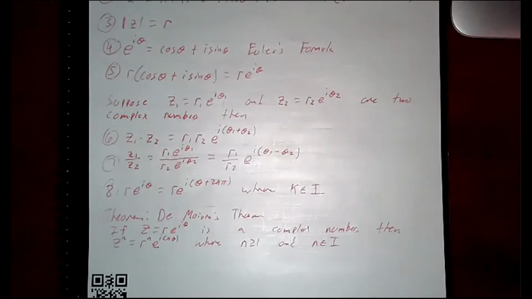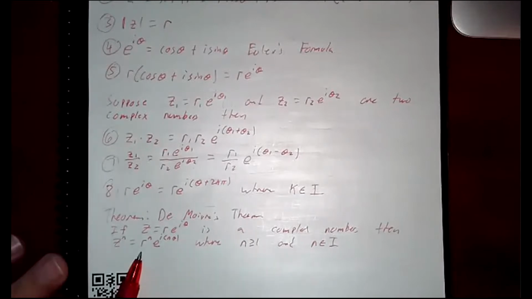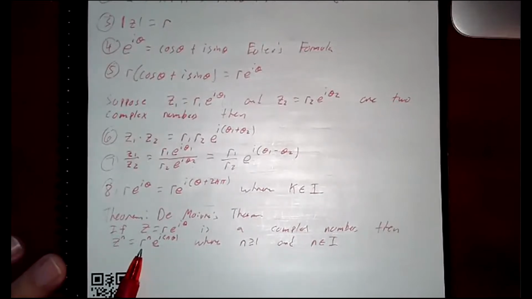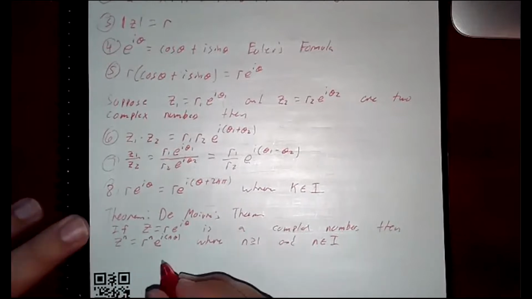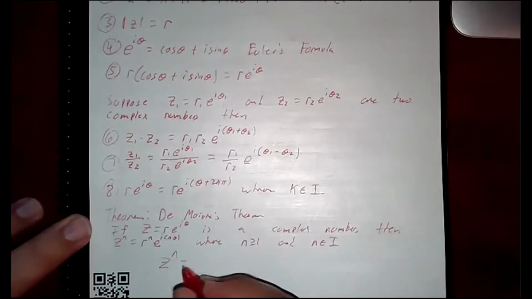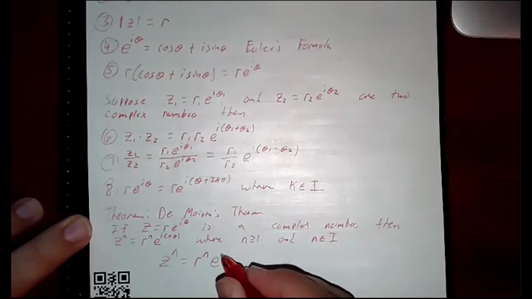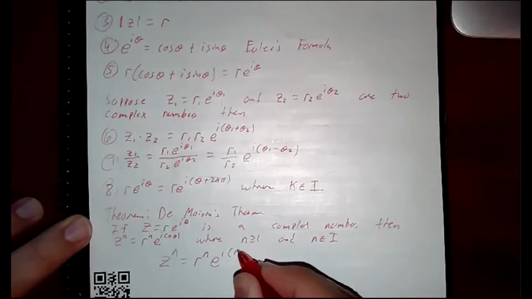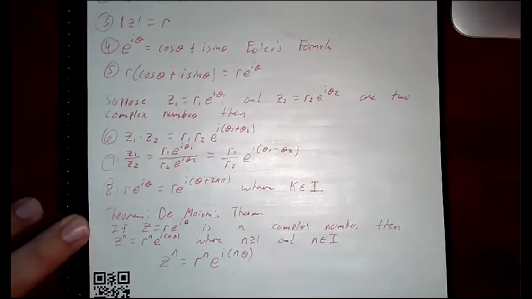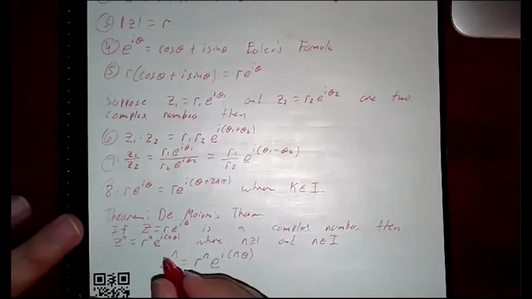What's that little thing next to the z to the n? Right here? That's r and z. Yeah, r to the n and z to the n. Yeah, z to the n is equal to r to the n. I'll write it bigger. What's the symbol between the n and i on the end?